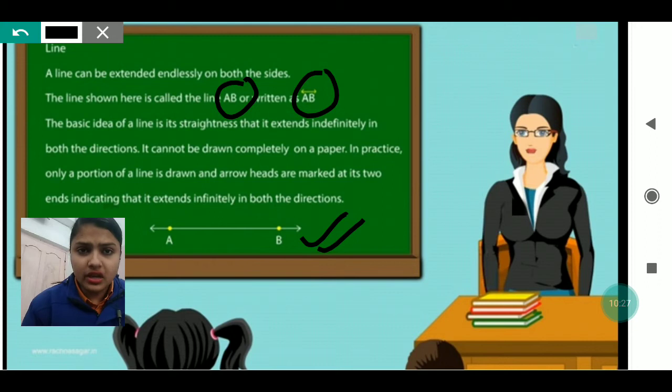In practice, only a portion of a line is drawn and arrowheads are marked at its two ends, indicating that it extends infinitely in both the directions. You cannot draw a line on a page completely, as it can be extended.